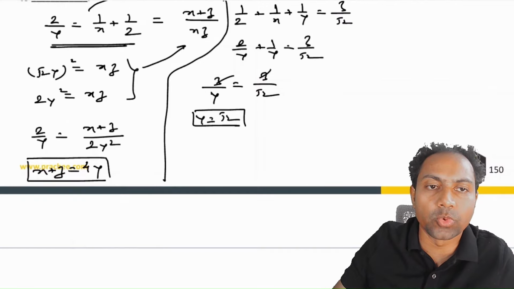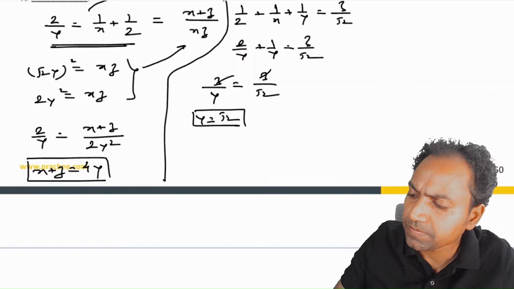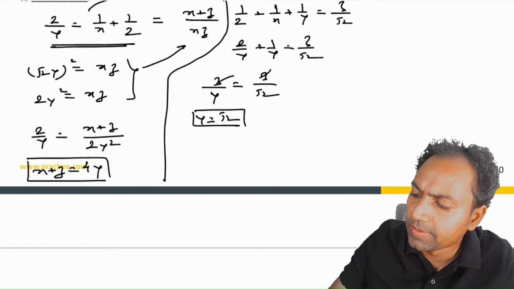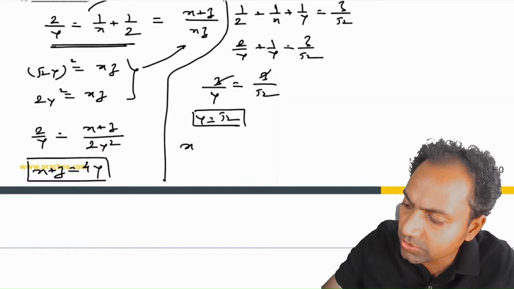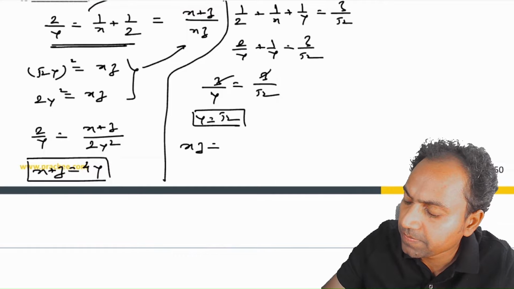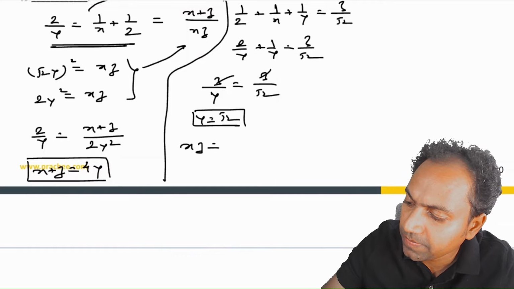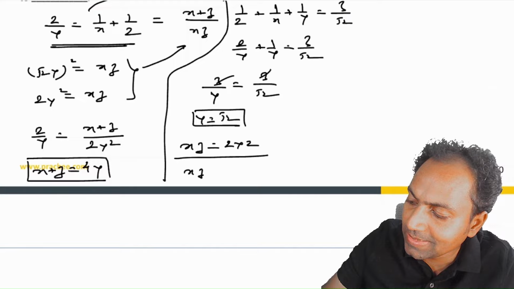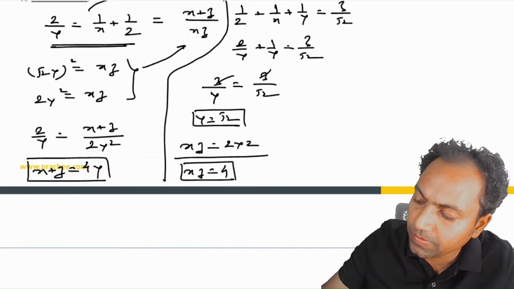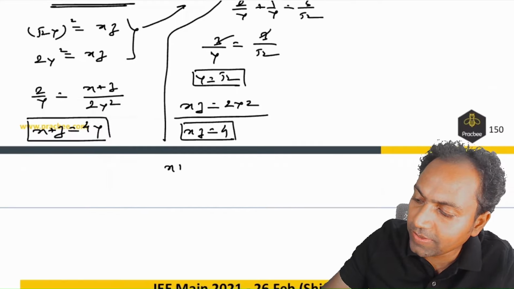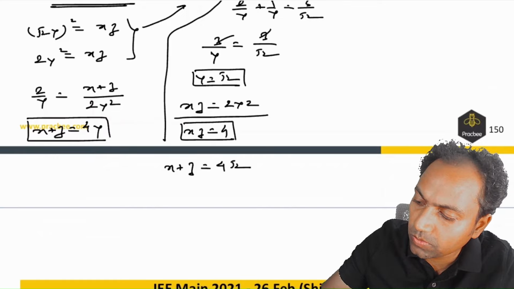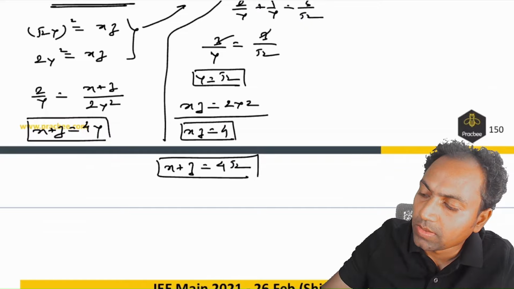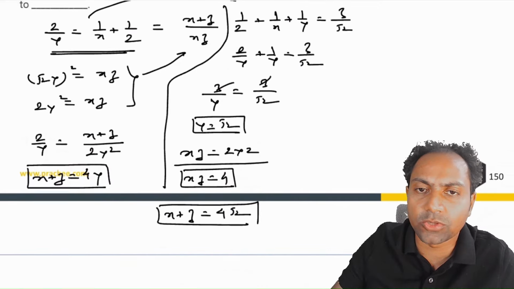Once y becomes root 2, we can substitute and get the value of x into z. That is nothing but 2 into 2. So xz is nothing but 4. And also we can get the value of x plus z, that is nothing but 4 into root 2. Now in order to solve this, the solution is not very difficult.